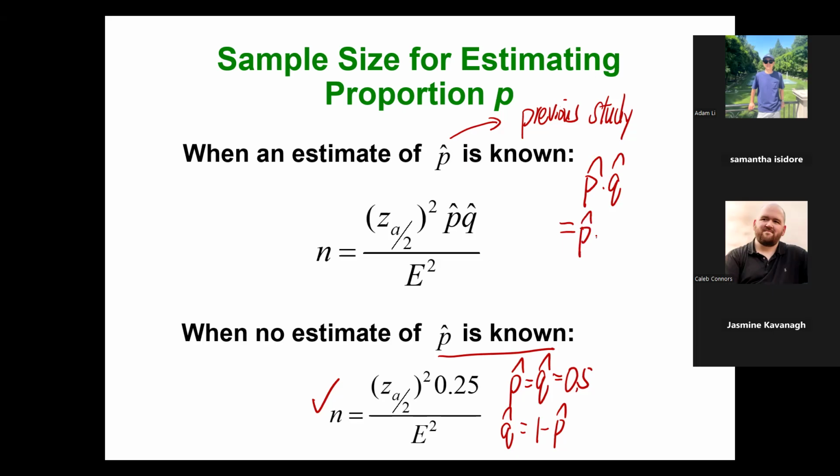If you replace q hat with 1 minus p hat and distribute it, we're going to get p hat minus p hat squared. This is a lot like assuming p hat is x, right? This is like x minus x squared. We can do a little bit of transformation here, and then you get negative x squared plus x.